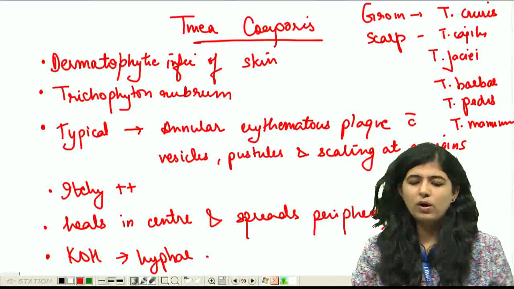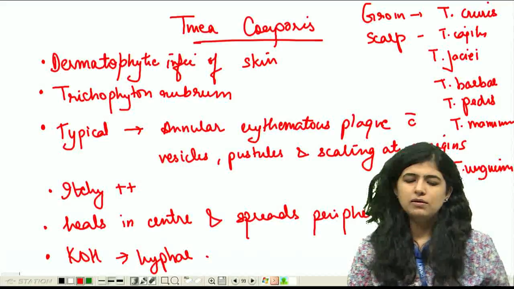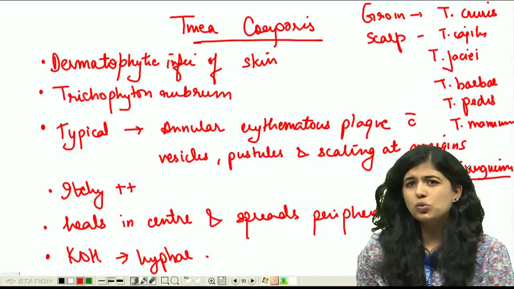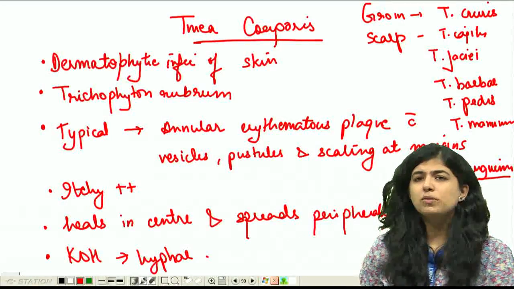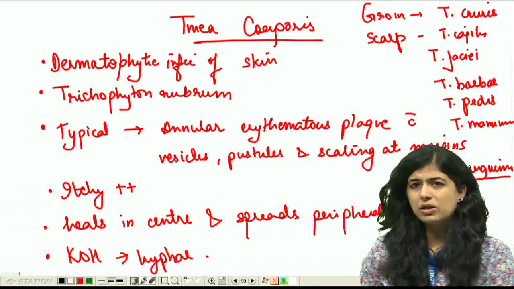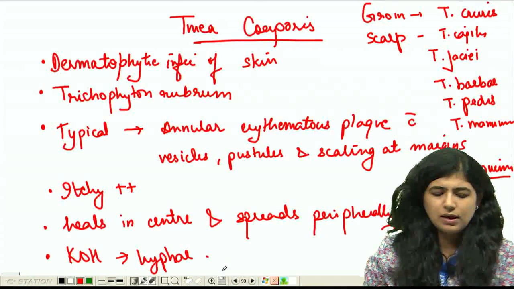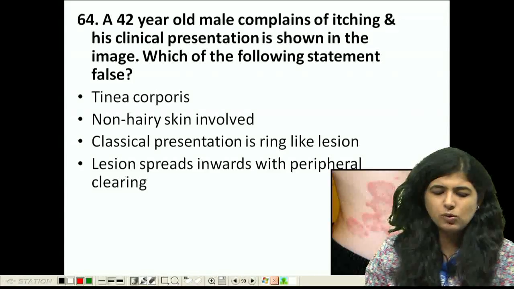Tinea, wow, there are so many Tineas. Tinea unguium for the nail. So these are all the different types of Tinea. Name totally depends on the site that it is involving. Most common organism causing all of these is Trichophyton rubrum. Treatment is oral as well as topical antifungals. Clear to everyone?